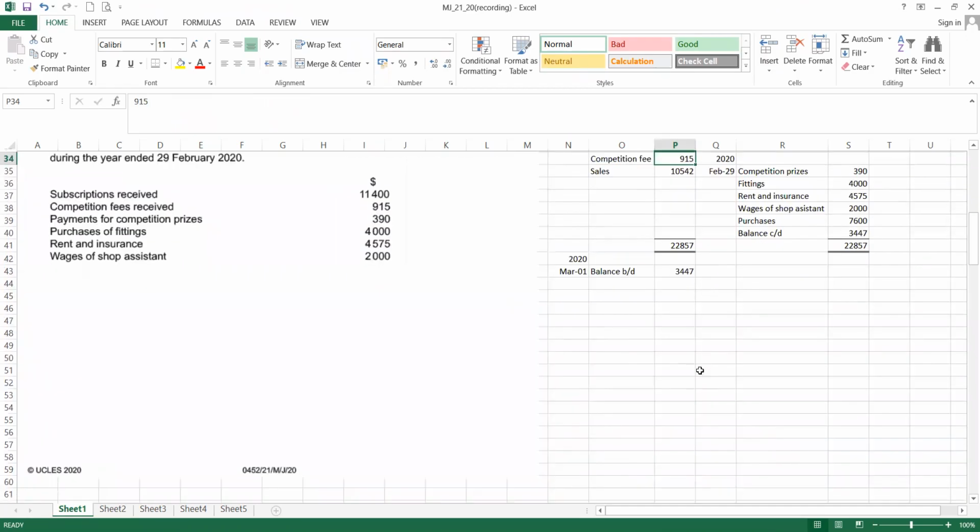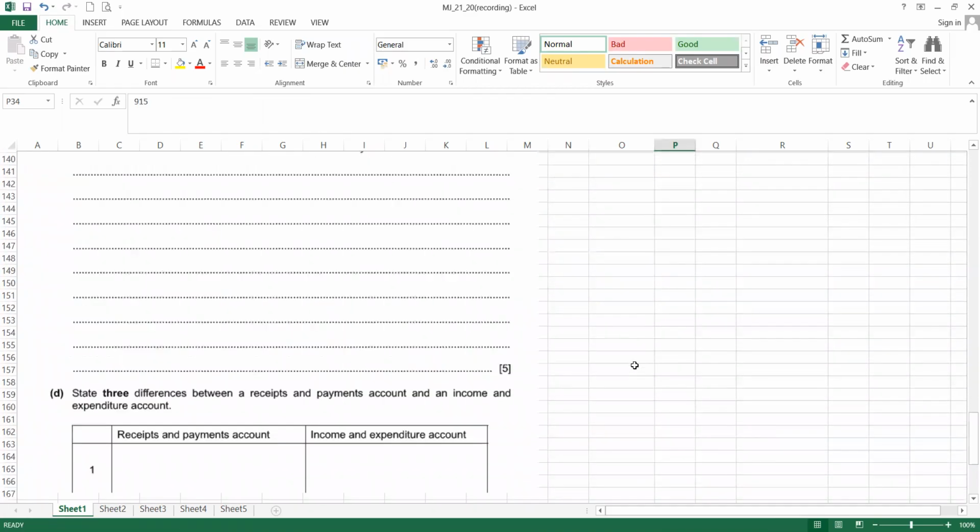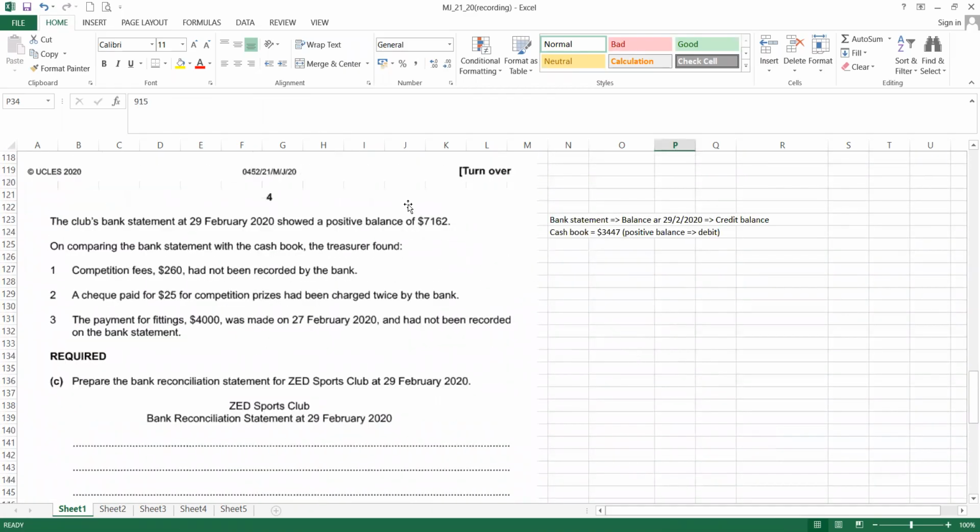Out of this amount, they have 260. 260 has not been recorded by the bank. In the bank reconciliation, we call this uncredited amount. So take note, this is an uncredited amount.